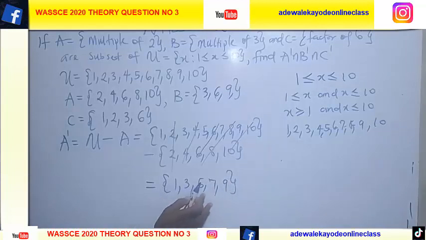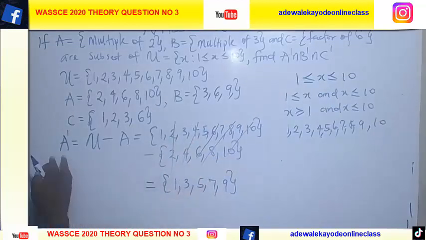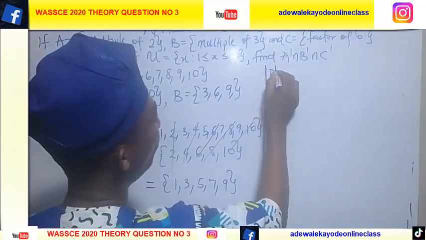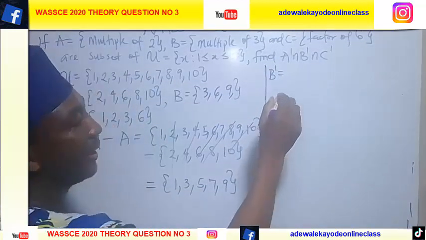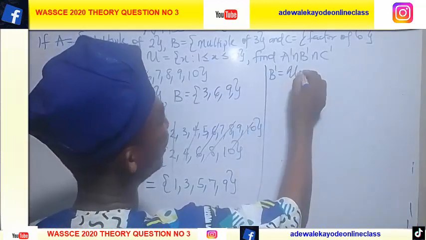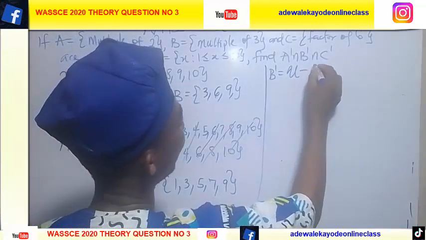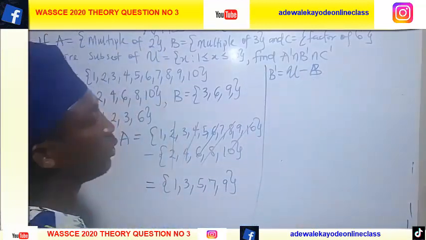These are the numbers that we cannot see in set A, but we have them in the universal set. So these are A complement.